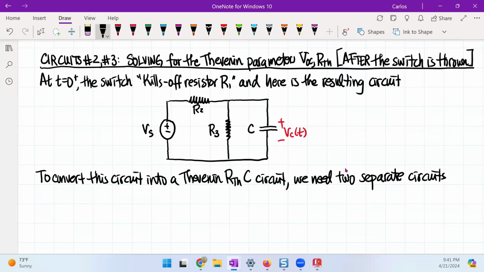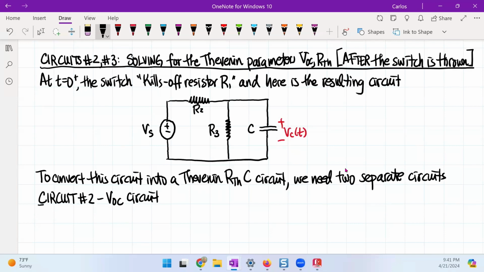And as we've already stated, one of them has to be for VOC and one of them has to be for RTH. So here we go. Let's start with circuit number 2. This here, I'm going to say, is the VOC circuit.